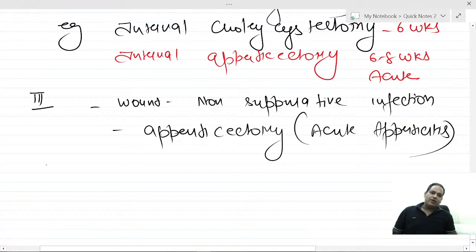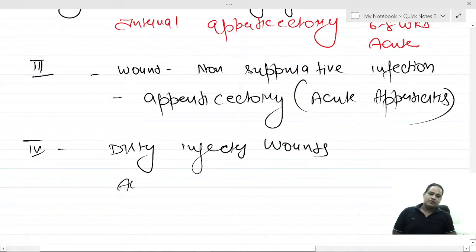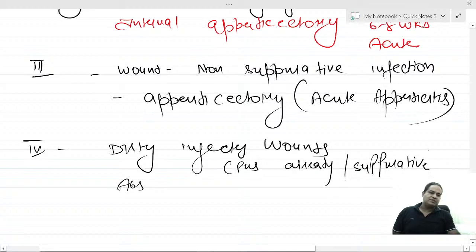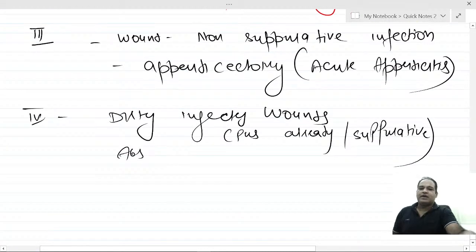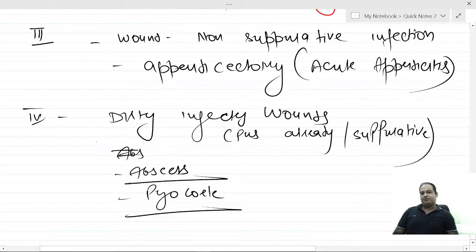Type 4 are dirty infected wounds. That means where pus is already present, or suppurative, that means pus about to be formed, is already present. For example, abscess. For example, biopsy.